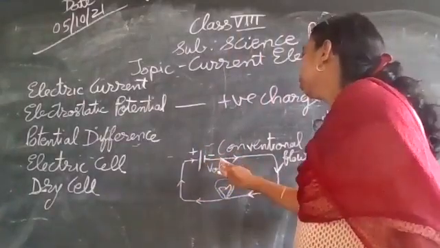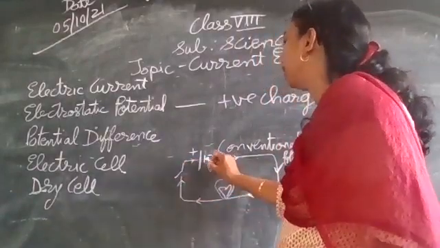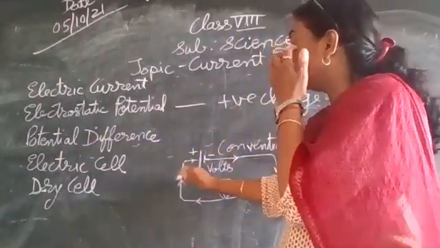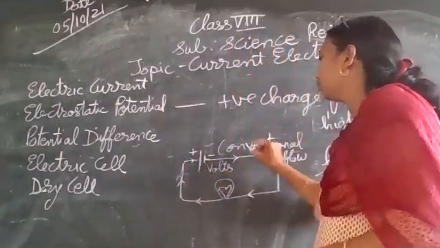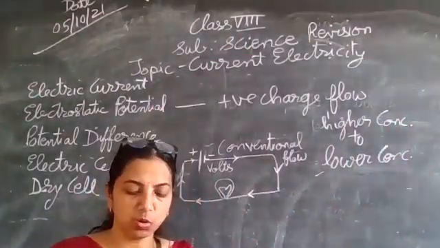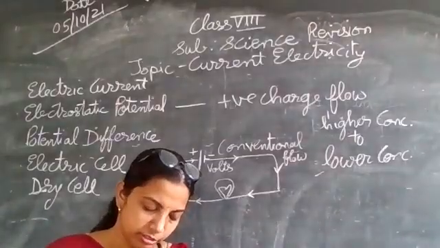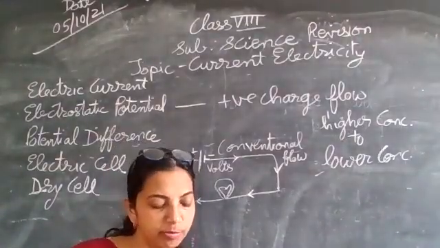If we have a button here and we stop the current flow, what will happen? It will start moving in the other direction, opposite to the flow of the conventional electric current. So potential difference is measured in volts, and you have to remember that.